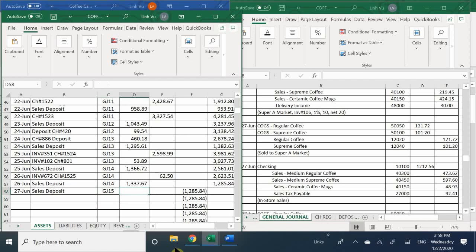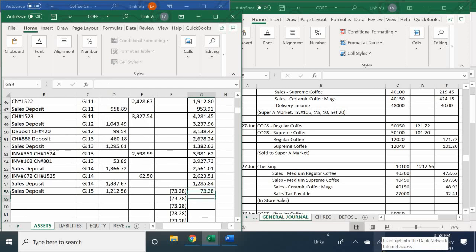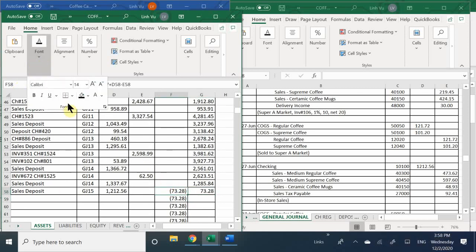And that total again is going to be the 1,212.56. Bringing our balance to a negative $73.28, in the hole. Almost there.